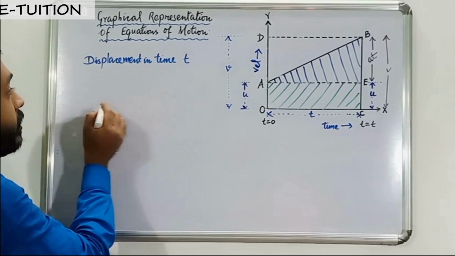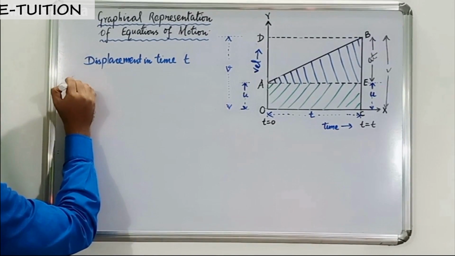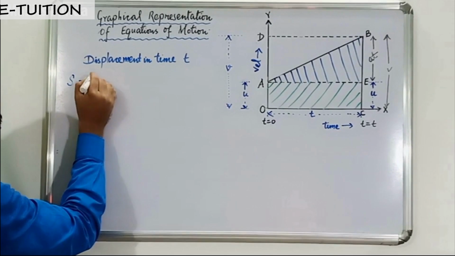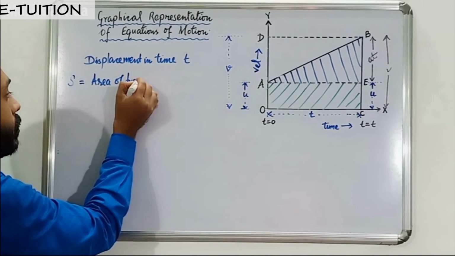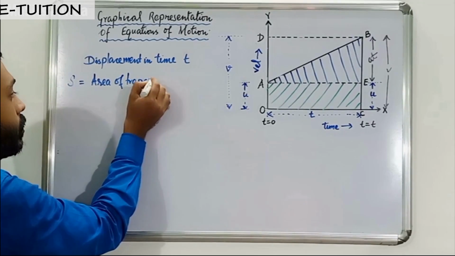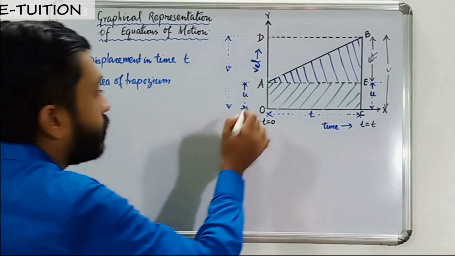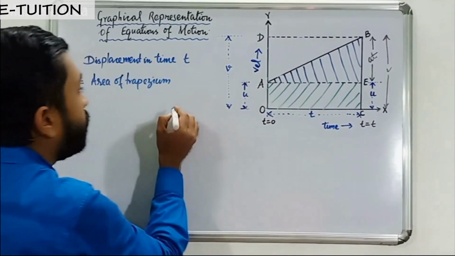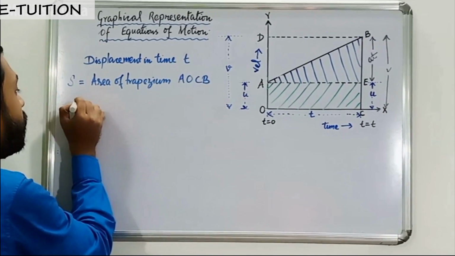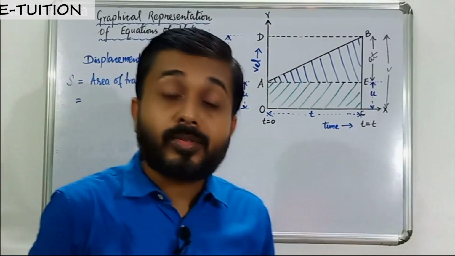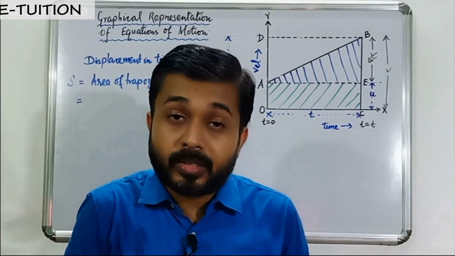So displacement in time t, that is S, equal to area of trapezium. What is the trapezium? AOCB. Now can you remember the formula for the area of a trapezium?